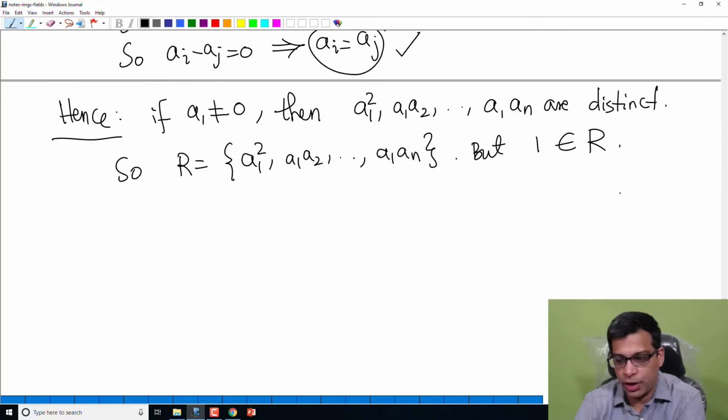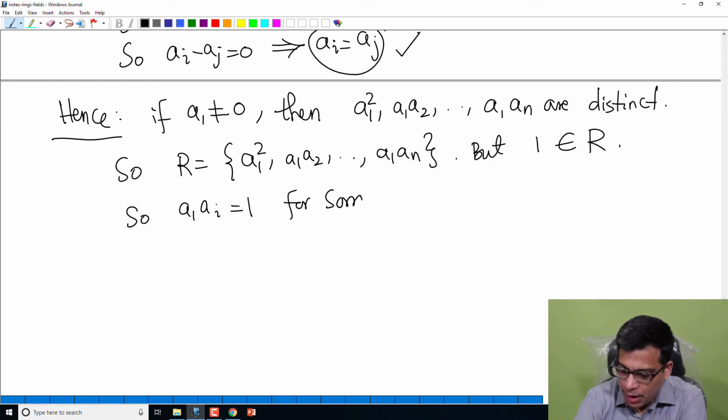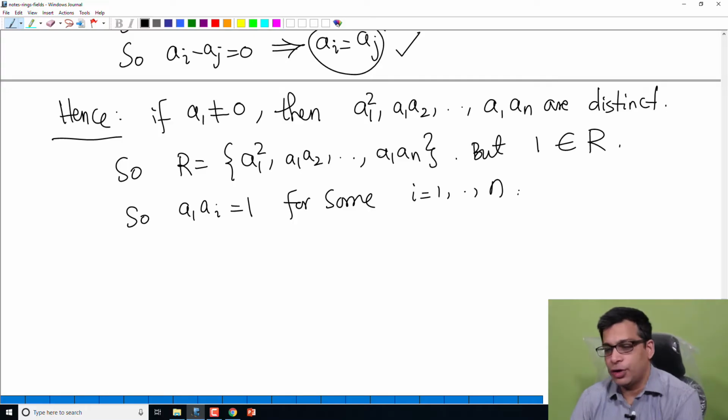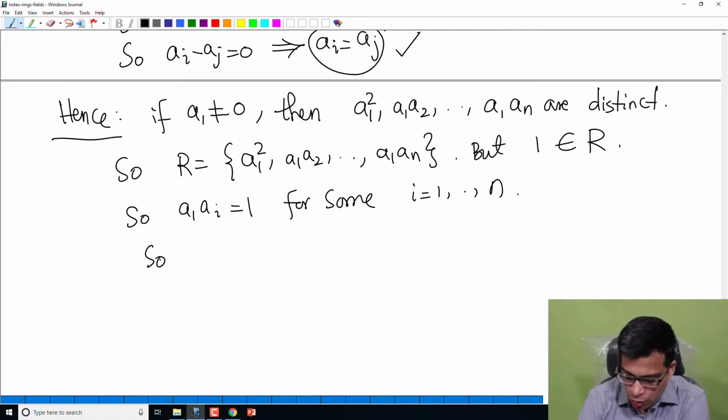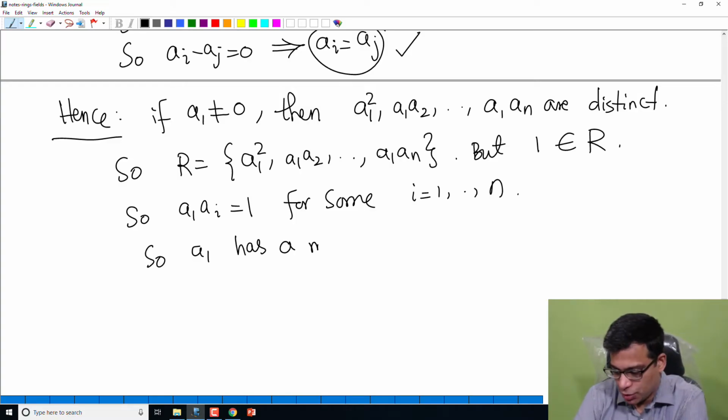So A1 AI is equal to 1 for some I from 1 to n. We don't need to know which I, but for some I, A1 AI is equal to 1. So A1 has a multiplicative inverse.